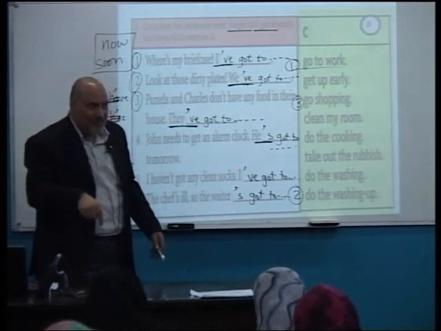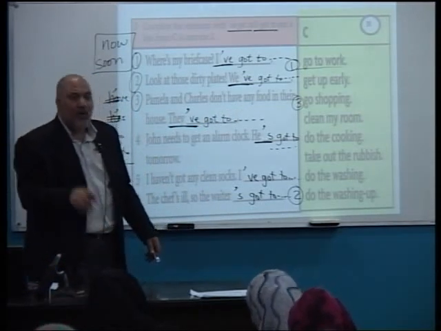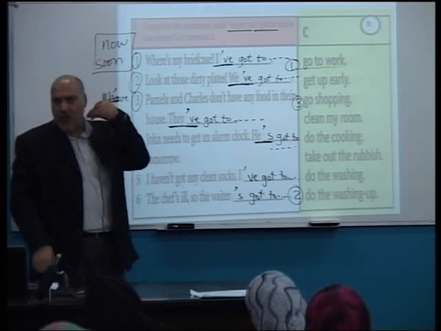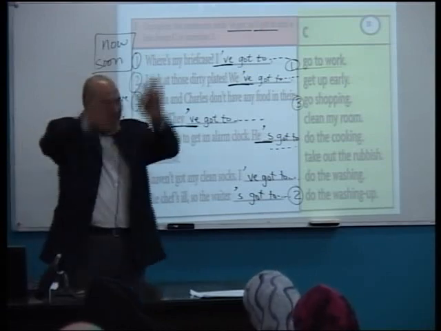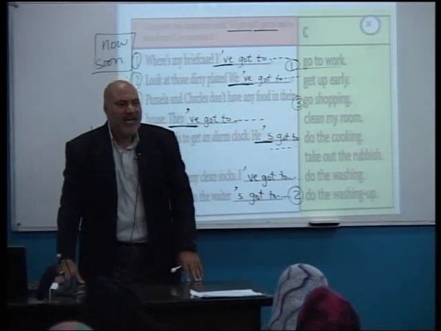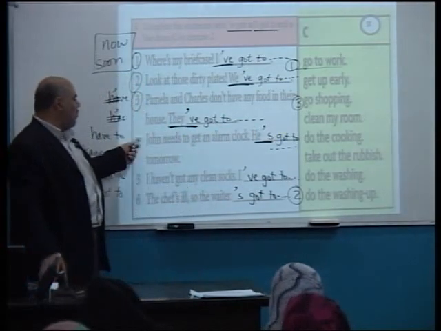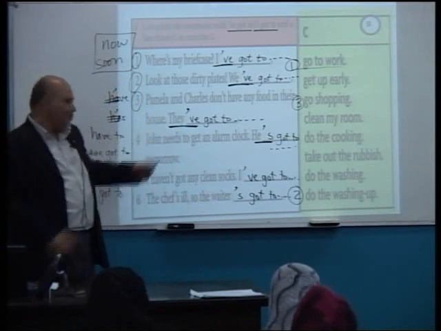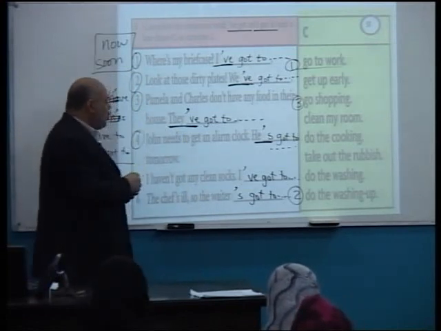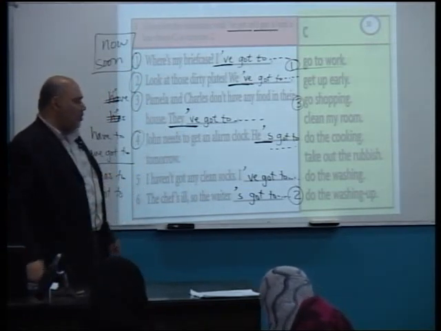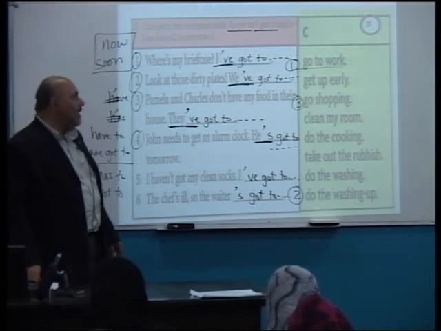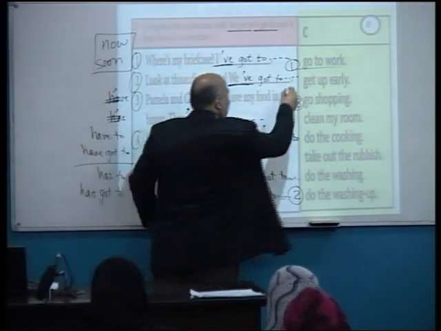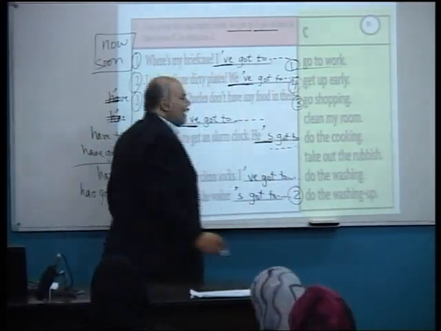No, now, just now, soon. Because it is now or soon, we use have got to. But when it is general, we use have to. Number 4. Is it clear? John needs to get an alarm clock. He's got to get up early.